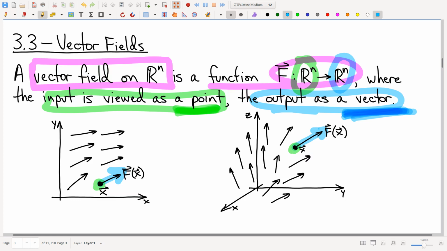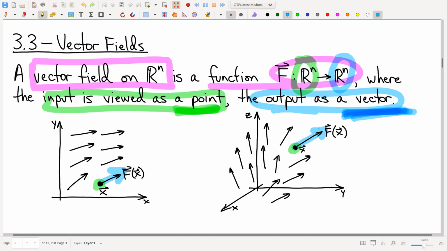And the easiest one to see, in my opinion, is a fluid flow. You can just look at these arrows and almost imagine the fluid flowing along as indicated by the vectors. There's a couple of different ways to do this, and we'll talk about some of those details in a few minutes.